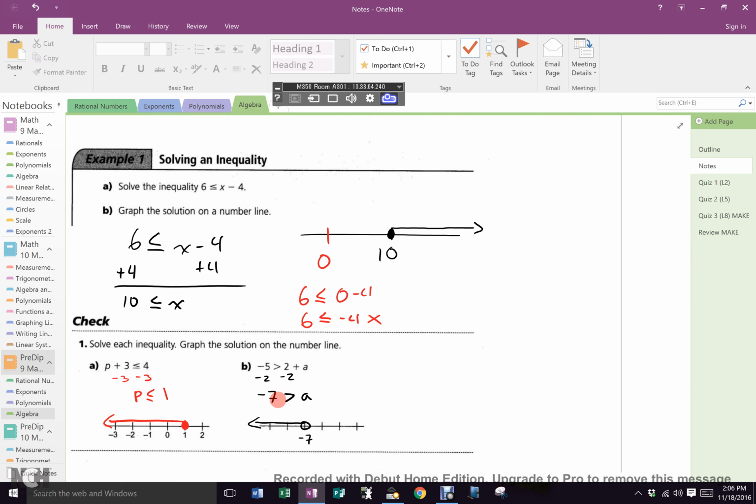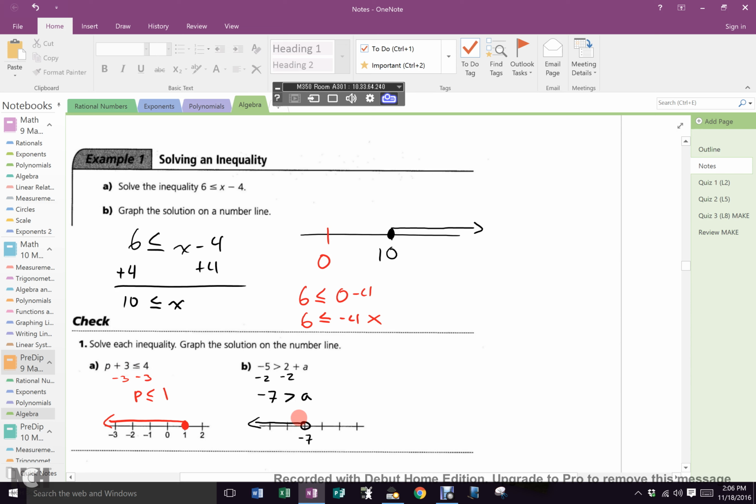Okay. Hallie. Colored dot means that dot is included. Open dot means it comes up to but never touches it. Okay? So this one, 1 works, doesn't it? 1 plus 3 is equal to 4. So 1 has to be included because 1 works.